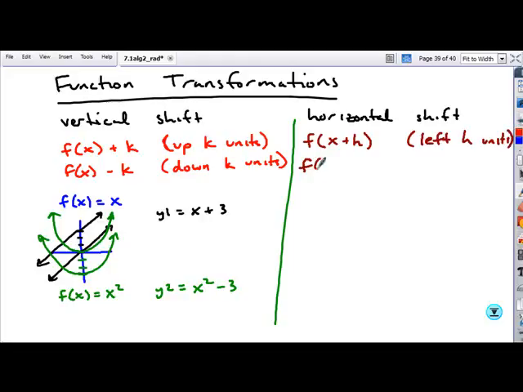And if I take f of x minus h, what value of x would give you a 0 in here? Positive h. Positive is to the right. So this is going to be a horizontal shift to the right h units. Okay, now, if we come down and we look at these same kind of things with our function, our shifting happening inside the function. Again, this linear function is x to the first.